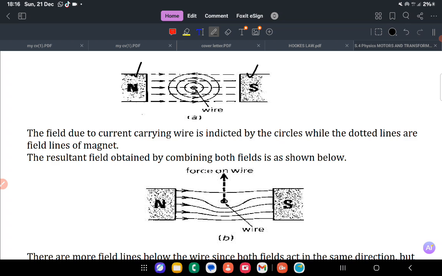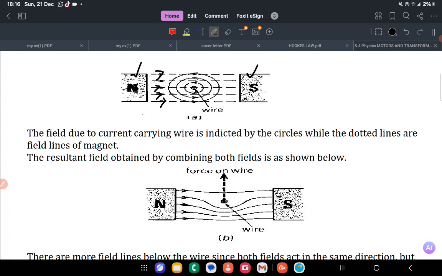And then we have magnetic field lines, these lines here. Remember, magnetic field lines point away from north towards the south pole. And then we have a wire. And then we have direction of current.